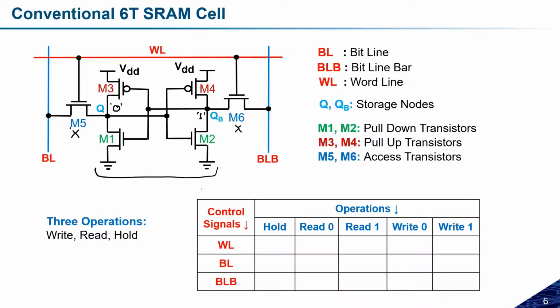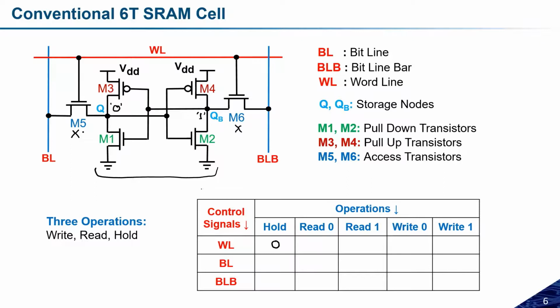So I need to isolate these storage nodes from the other control signals, and to isolate them, I need to deactivate transistors M5 and M6. Can anyone suggest what I have to do? Word line 0. Word line should be 0. If I have kept word line equal to 0, M6 and M5 will not work, and they will hold the data on the storage nodes Q and QB.